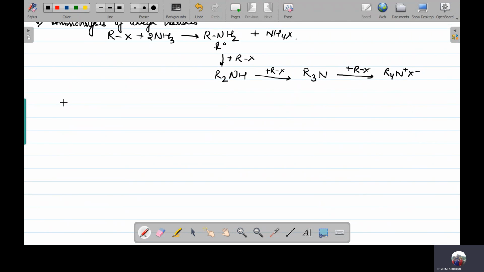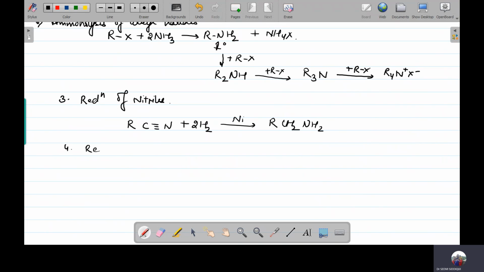The next preparation method is the reduction of nitriles. In the case of reduction of nitriles, we take nickel or palladium, anyone you can take. It is going to give you the primary amine.